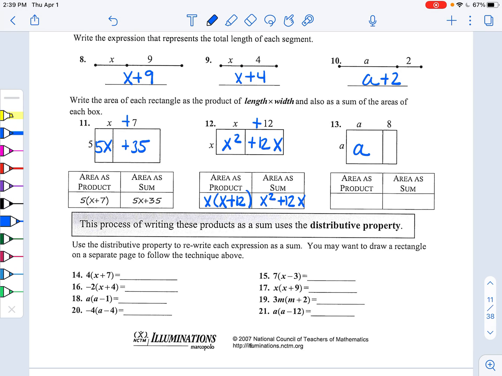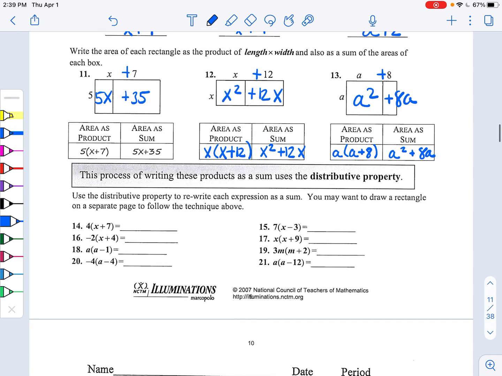All right, this a times a, please say a squared. And a times positive 8 is a positive 8a. So as a product, it's a times the quantity a plus 8, and area as a sum would be a squared plus 8a.